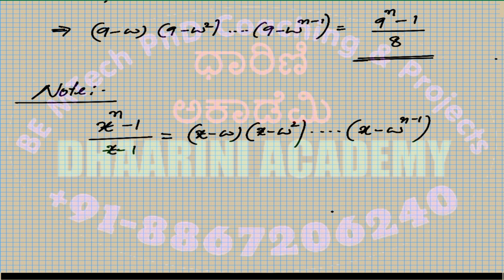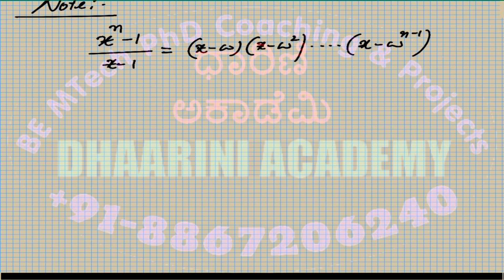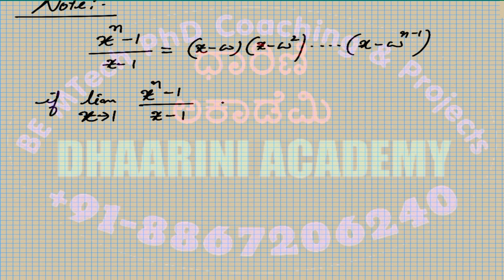Okay, so actually this was a question in a paper. That is, if we apply limits, that is limit x tends to 1, the left hand side is x to the n minus 1 divided by x minus 1, right?